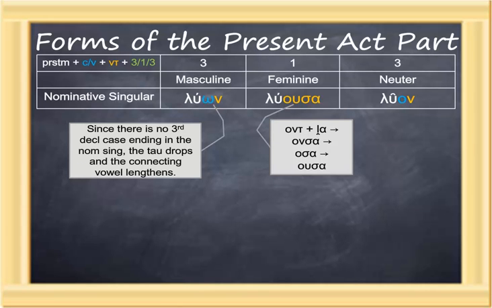Lousa is the nominative feminine singular present active participle of luo, and although we'll talk about ousa as a participle morpheme, actually behind ousa is nt. Grammarians think that when the alpha gets added, there's some kind of other letter historically that was added, perhaps a consonantal iota, which caused the tau to change to a sigma, ontsa.